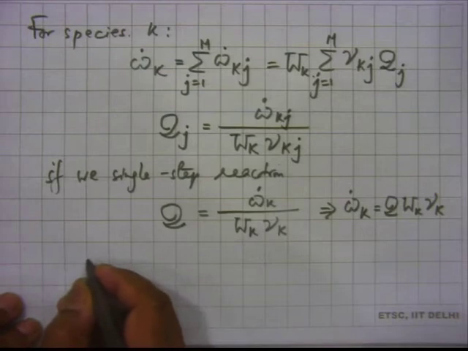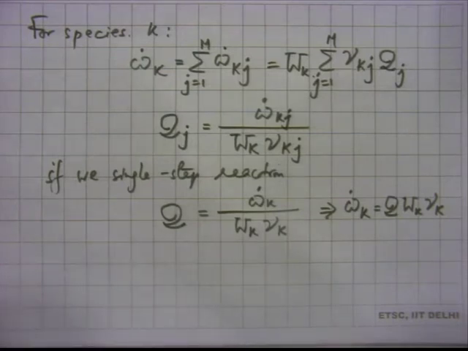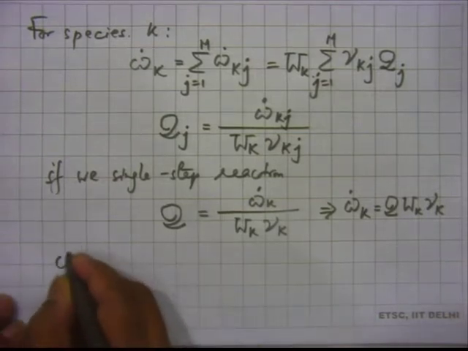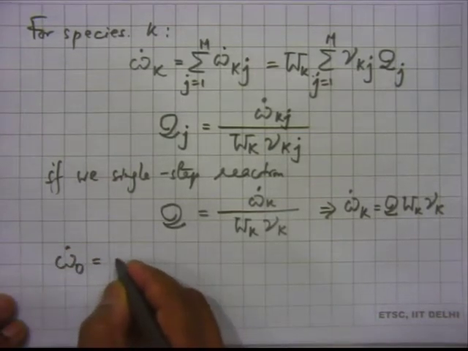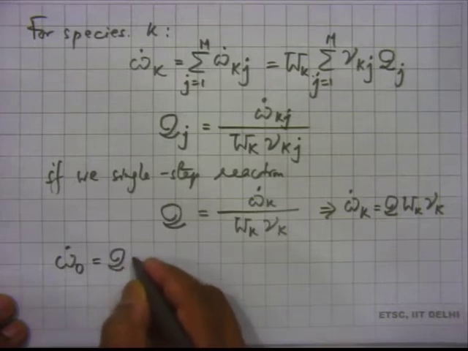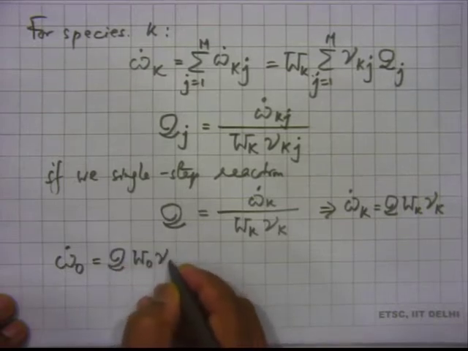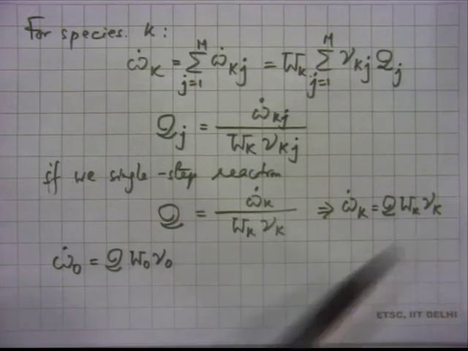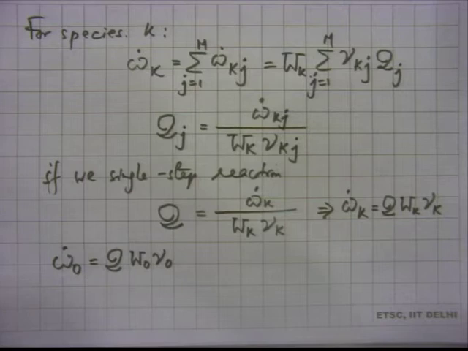So, going back to our basic system, we have fuel, oxidizer and products. Our omega dot O, this from here, omega dot O for oxidizer, not for oxygen, O for oxidizer.